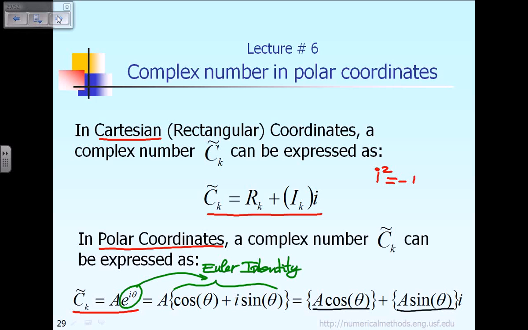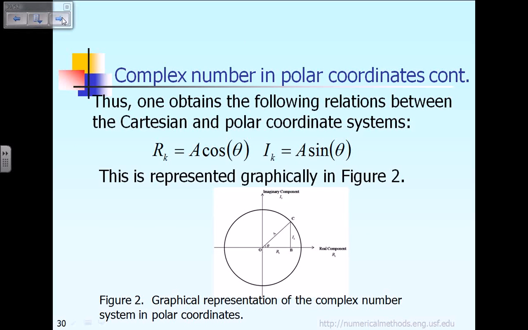Now, in order for you to understand how to express the polar coordinate of the complex number, the next slide will probably help you a little bit better. As you can see on this picture, the horizontal axis represents the real component of the complex number, let's say r sub k. And the vertical axis represents the imaginary component of the complex number.